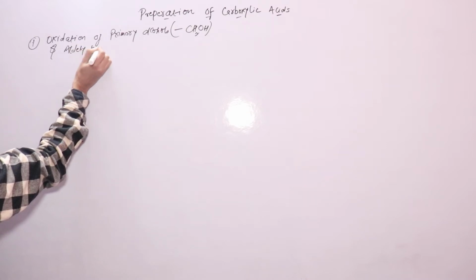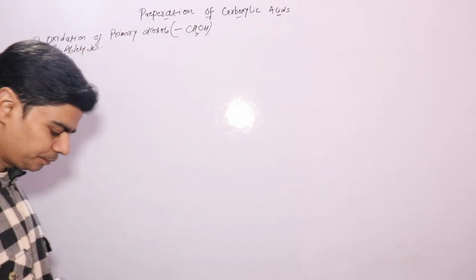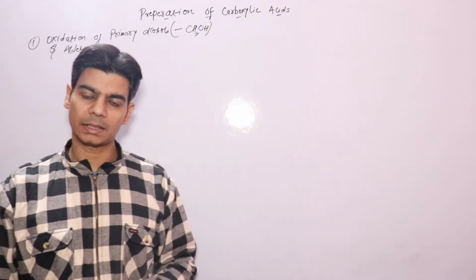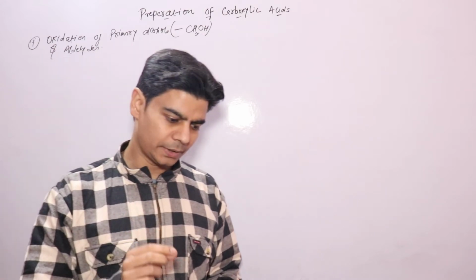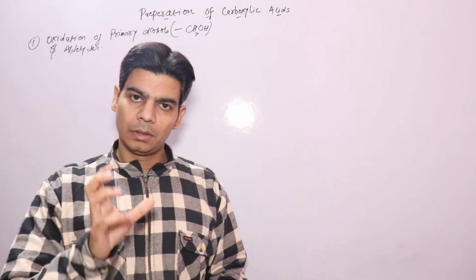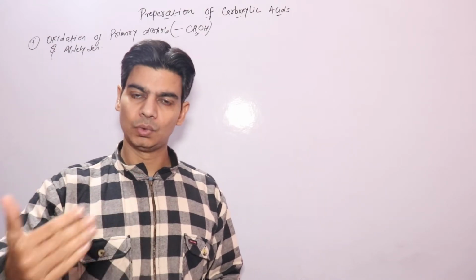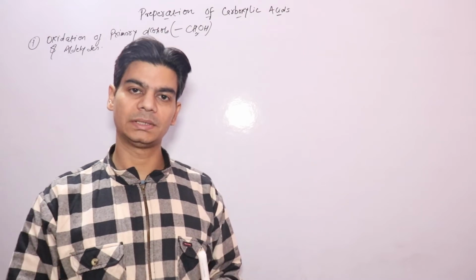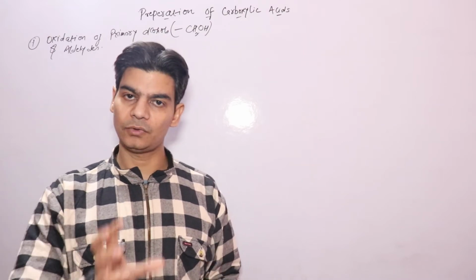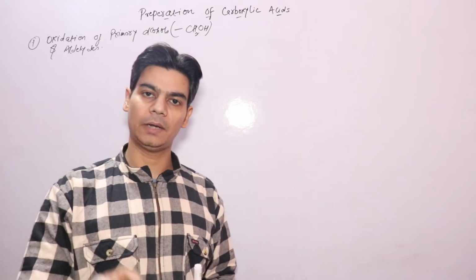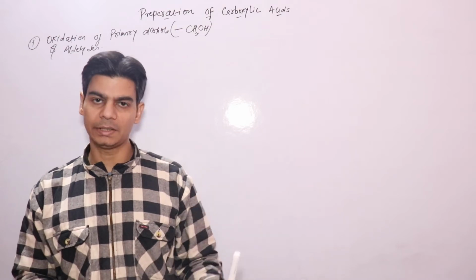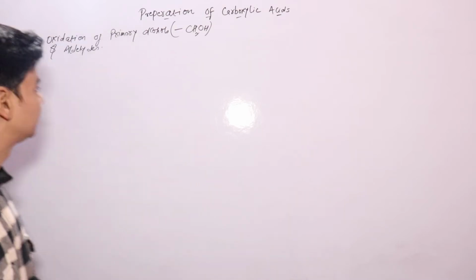And if you just recall, we have done this in aldehydes, in the reaction where aldehydes get oxidized to carboxylic acid in the presence of Tollens reagent. If you remember the silver mirror test that we did while studying aldehydes, we have already done this reaction.